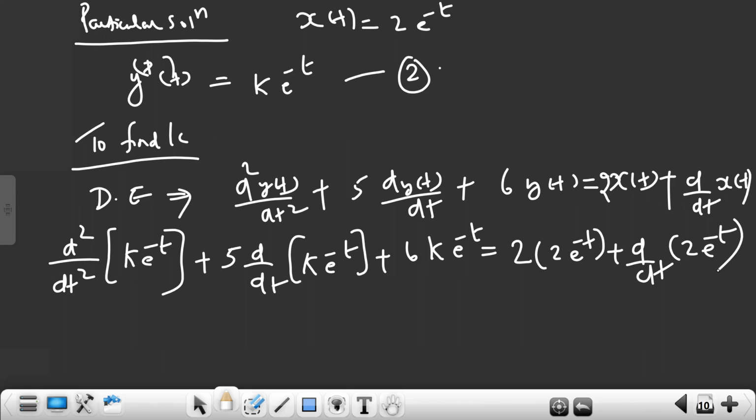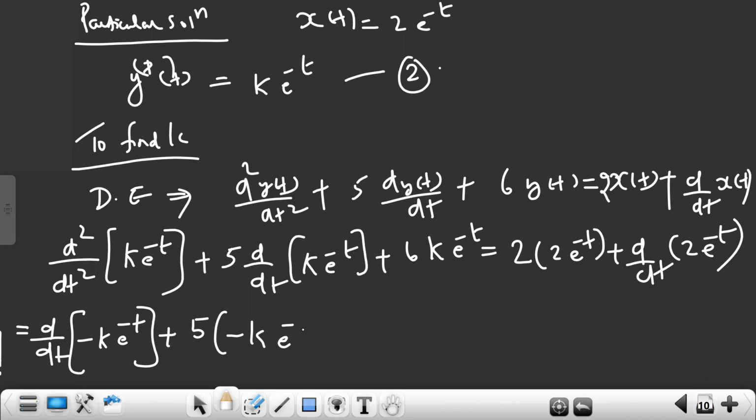Now simplifying this equation, since it is a second order derivative, I will keep one derivative outside and I will apply one derivative. Derivative of k e to the power minus t is minus k e to the power minus t, plus 5 into, again derivative of k e to the power minus t is minus k e to the power minus t, plus 6k e to the power minus t equal to 4 e to the power minus t plus, will it become plus or minus?